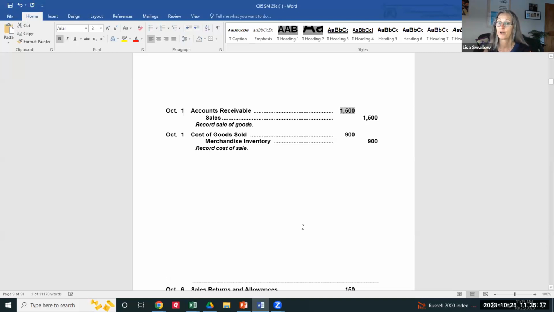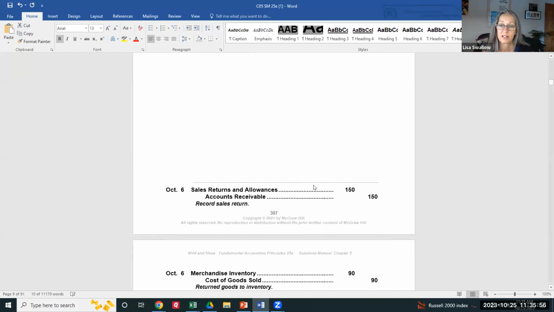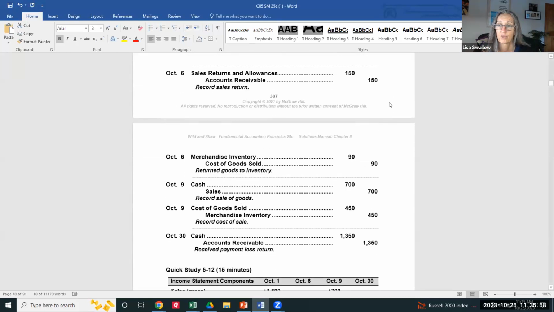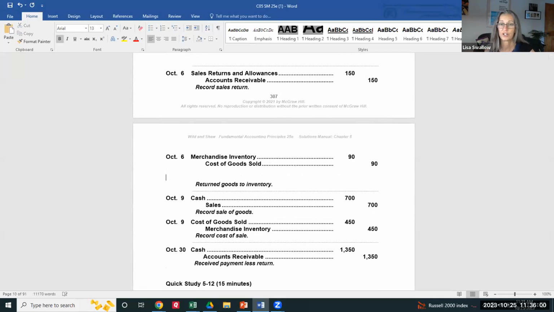So credit AR. And then really this entry I made here, I've got to just essentially reverse $90 of that because I'm getting $90 of inventory back. So I've got to debit it to increase the amount in my warehouse, and I've got to reduce my expense of $900. So that would be these two journal entries right here.